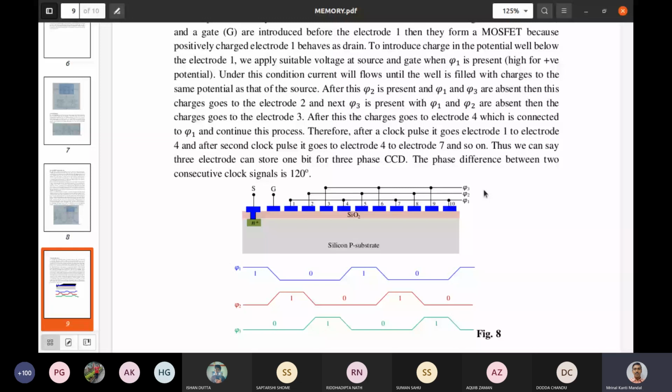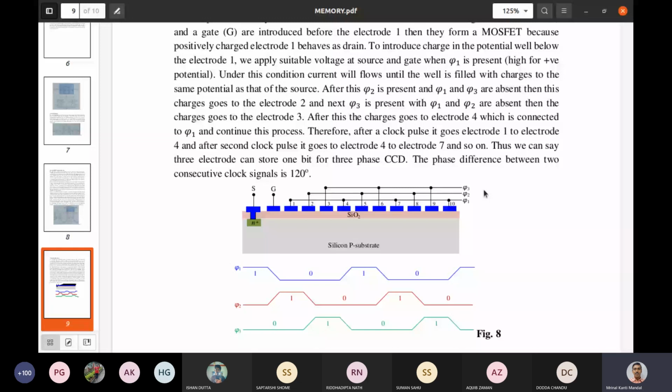So by applying potential phi 1 and suitable voltage at source and gate, we can create the potential well below electrode 1, and the charge will transfer from source to the electrode until the potential well below electrode 1 is filled with the carrier electrons, right? So under this condition, charge will be shifted to electrode 1.